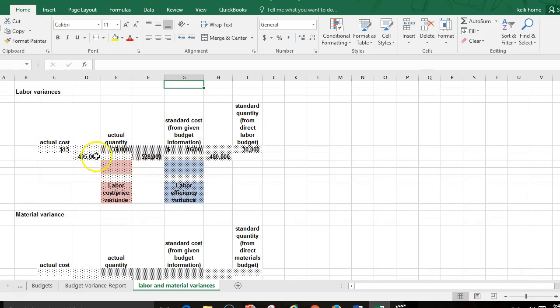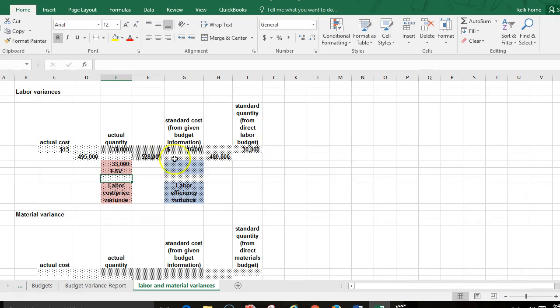You're going to look at the difference between that and your actual, which is simply 528,000 minus 495,000. So you had a variance of 33,000. Now you'll notice that your actual was lower than what you estimated, so we're going to consider this as being favorable.